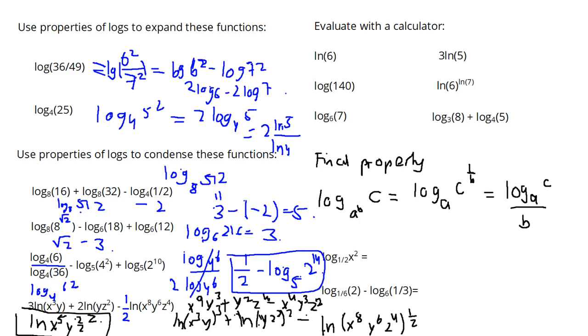Let's do it. Let's evaluate with a calculator. So ln 6 is 1.79. Right? Just press the ln button on your calculator. 3 ln 5, 4.82.